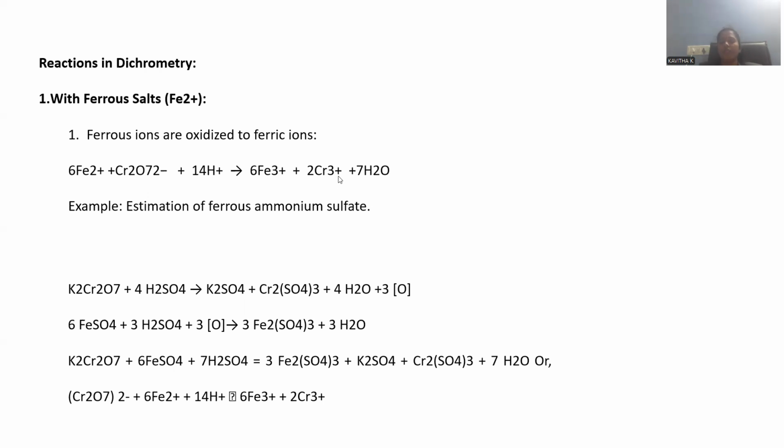And 2 chromium +3 will be obtained, because here we have +6 and here we have +3, so that is the reduction of chromium. In addition, 7 water is the product in this estimation of iron, right?